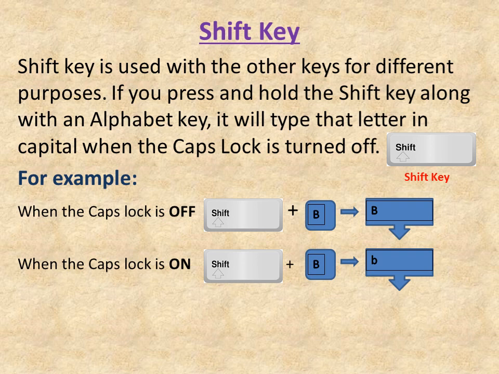For example, when the caps lock is off, you press shift and capital B, you will get capital B. When the caps lock is on, you press shift along with capital B, you will get small b.